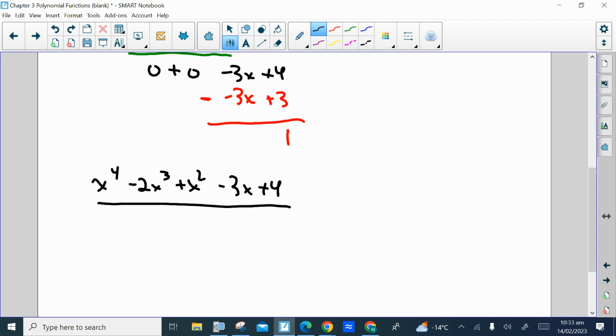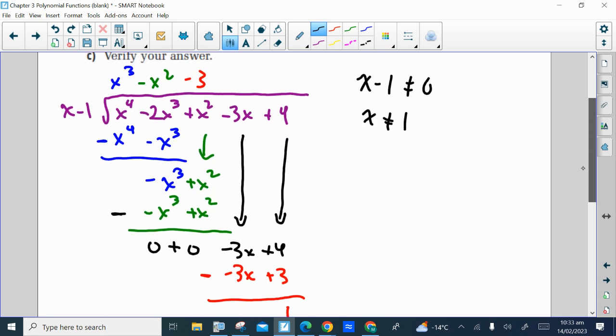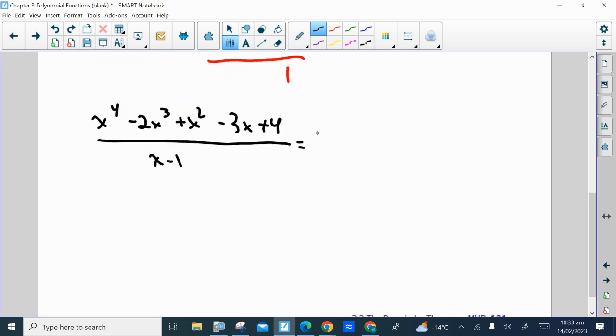When that is divided by x minus 1, we get our answer, our quotient, which was x cubed, take away x squared, take away 3. And then we had a remainder of positive 1, which is a ratio of the original divisor, x minus 1.